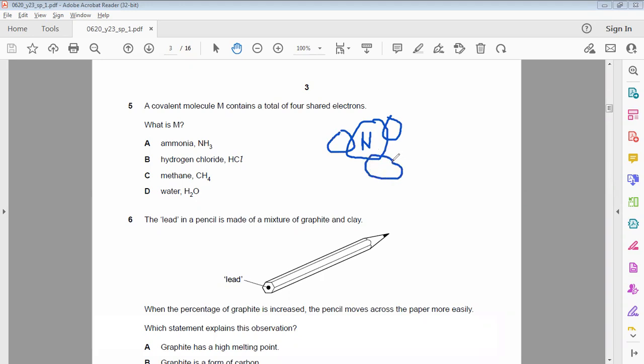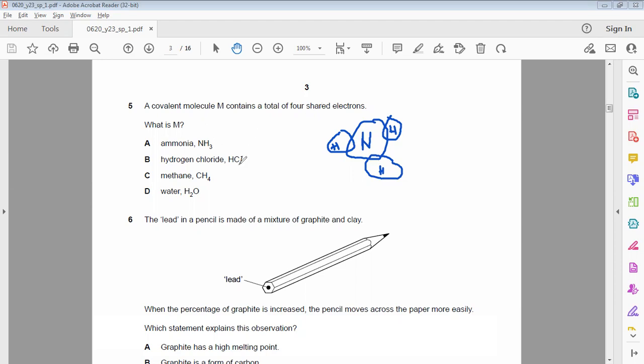So how many electrons will be shared? If there are 3 covalent bonds, you know there are 3 pairs of electrons, which means 6 electrons shared. So it's not ammonia, which has 4 shared electrons.